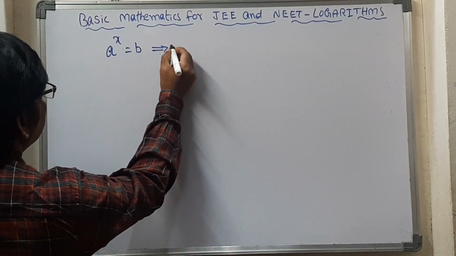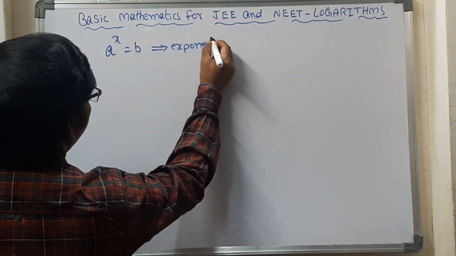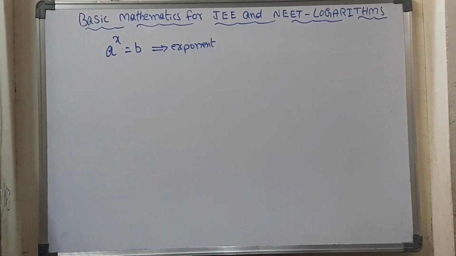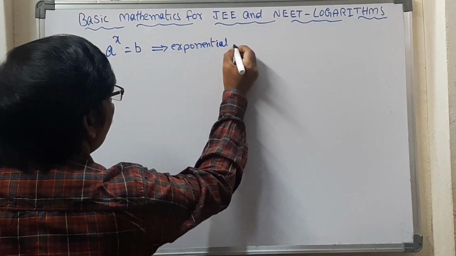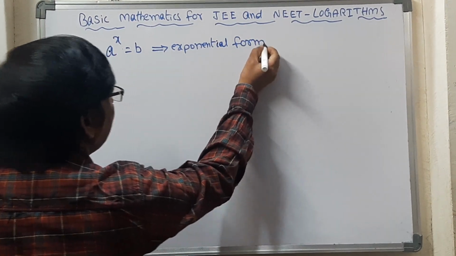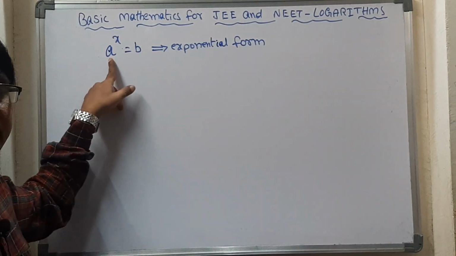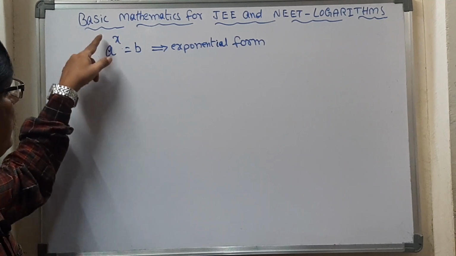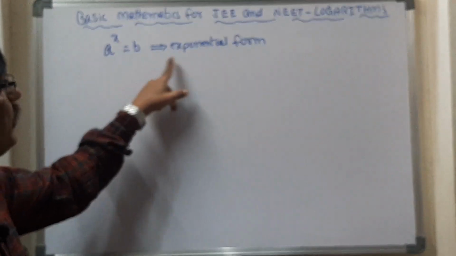We call this an exponent, or exponential form. In this exponential form, a is called the base, and x is called the power.